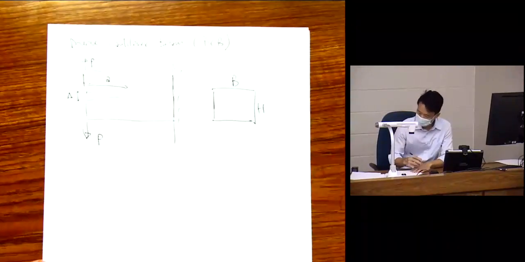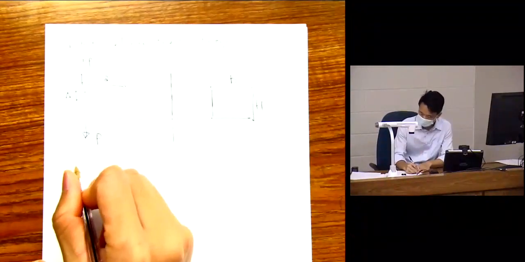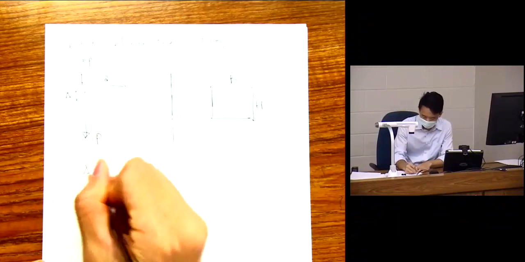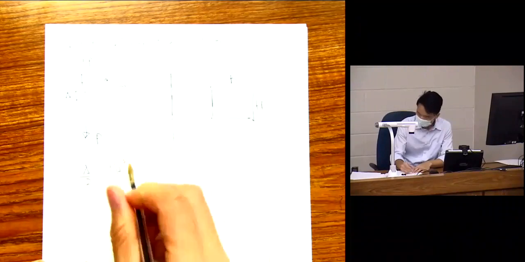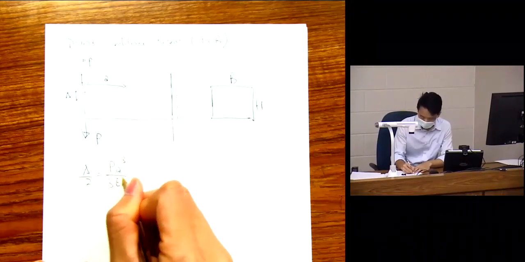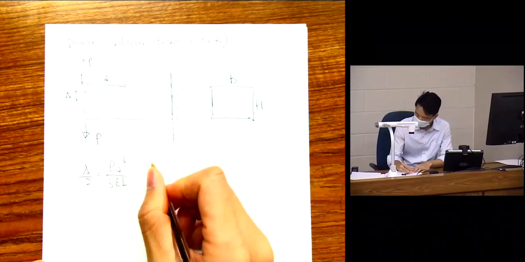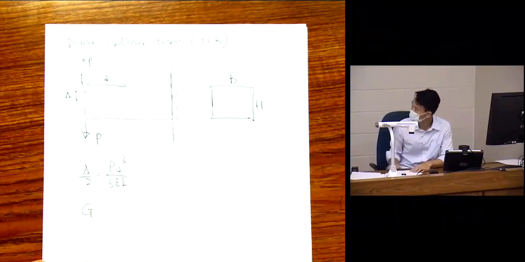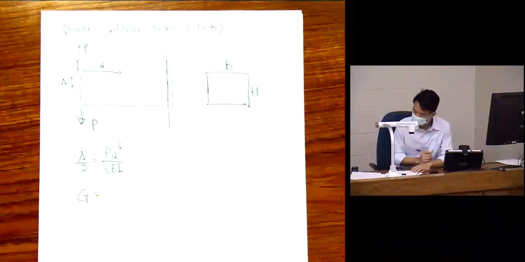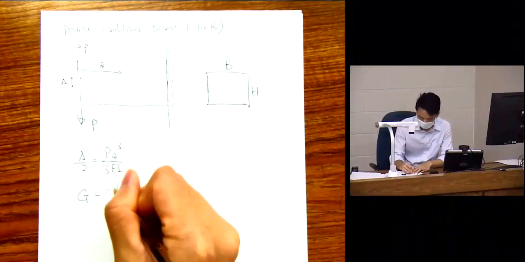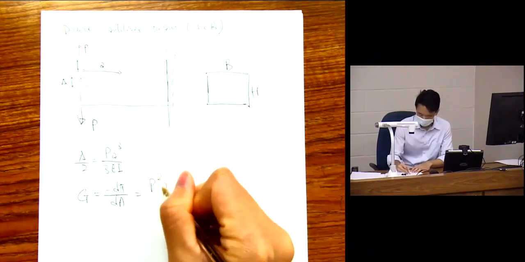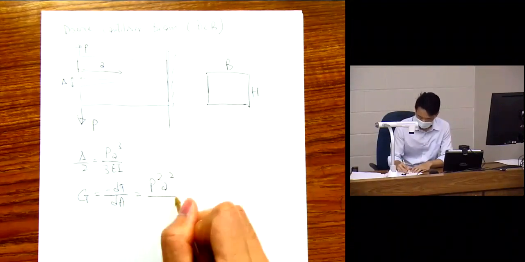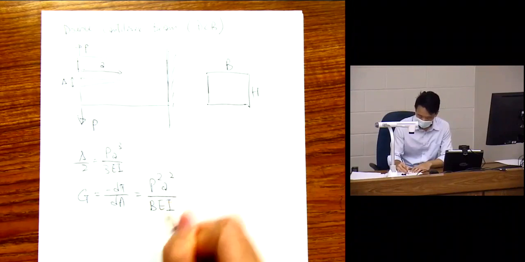So what we did, I'm just repeating what we had last time, right? From beam theory, we can calculate the compliance of the beam, and you can calculate the energy release rate in this situation, which is P squared A squared over B E I, right?